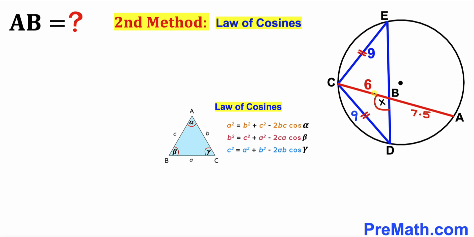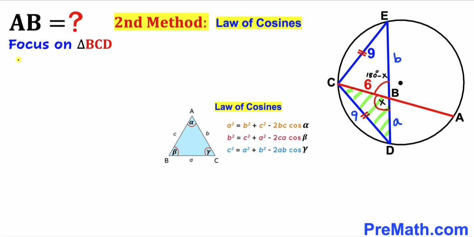So this other angle is going to be 180 degrees minus X. And moreover, let me label this segment BD as lowercase a, and this segment BE as lowercase b. And now let's focus on this triangle BCD. We are going to apply the law of cosines on this triangle.